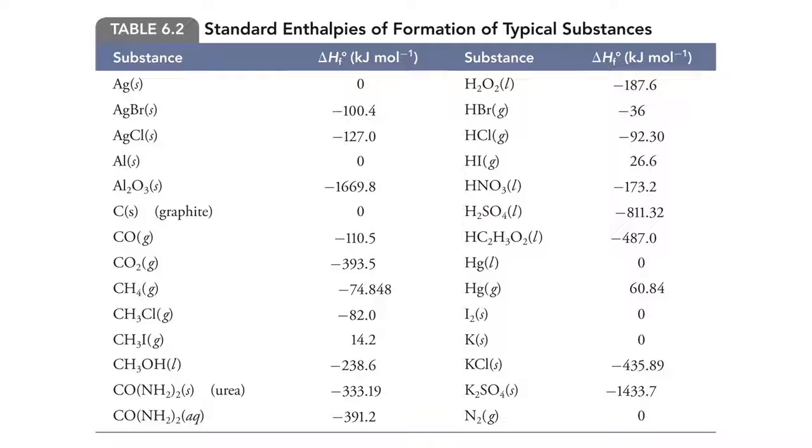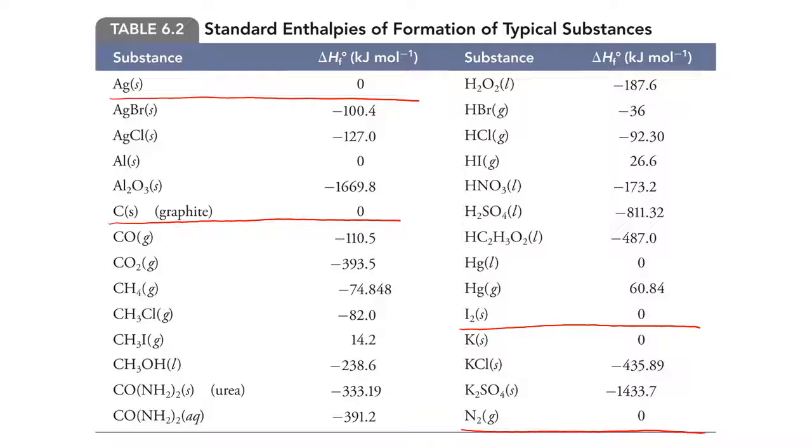The heat of formation for many substances is going to be 0, for elements in their most stable state, such as solid carbon in the form of graphite. Solid silver has a 0 heat of formation. Nitrogen is a diatomic molecule, so it occurs naturally as gaseous N2. The heat of formation for that would be assigned 0. Same thing with I2. It occurs naturally like that as a solid, so its heat of formation is 0.